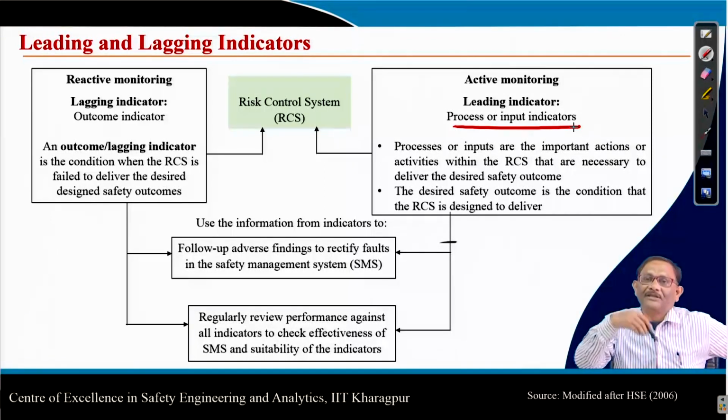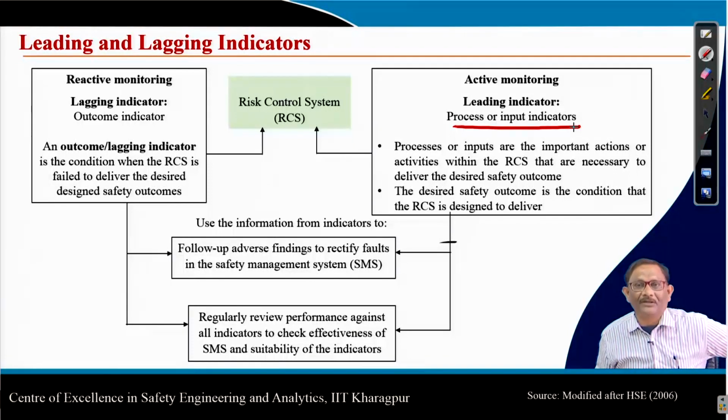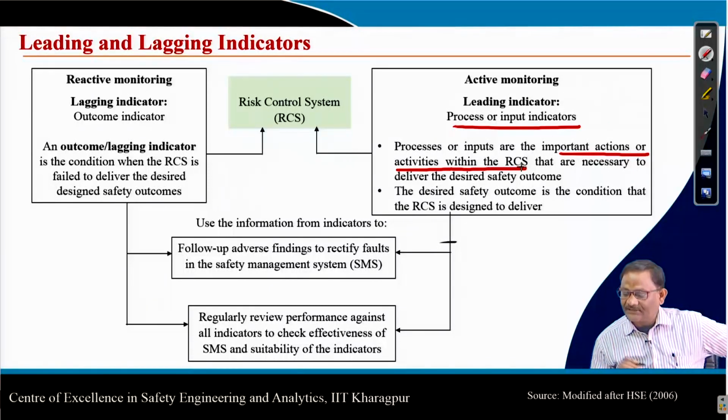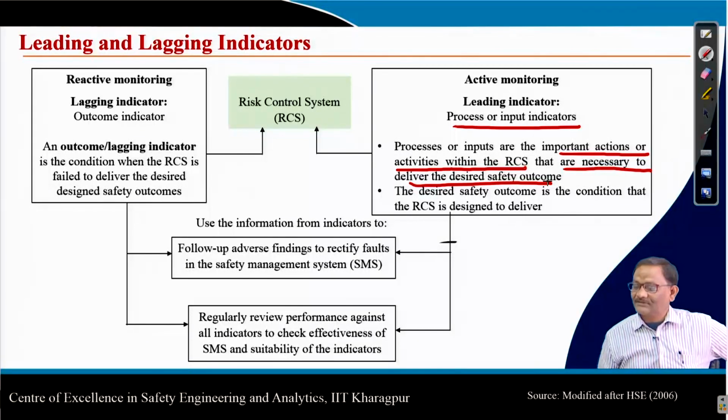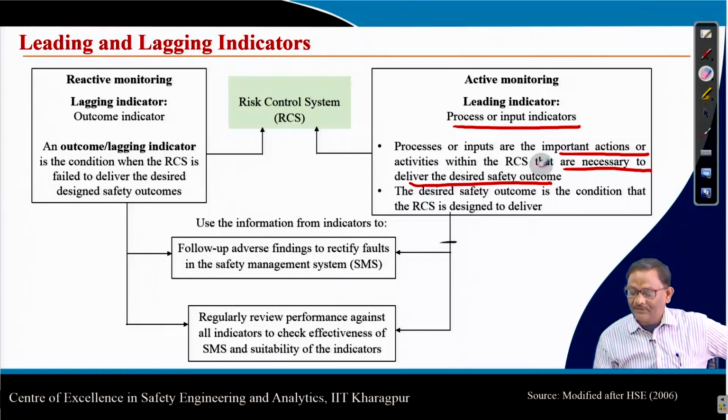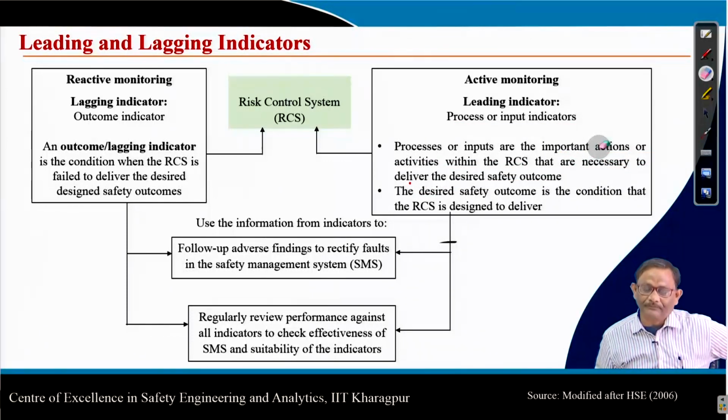Process means the activities and actions related to that particular RCS. So process or inputs are the important actions or activities within the RCS that are necessary to deliver the desired safety outcomes. Getting me? Necessary for desired safety outcomes.